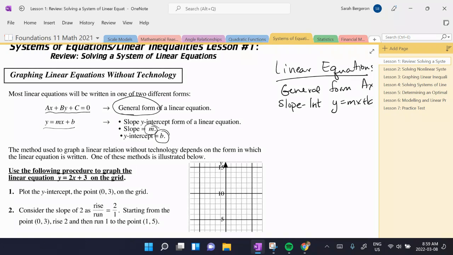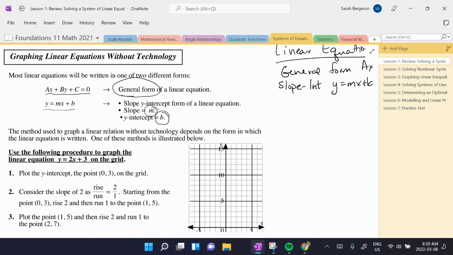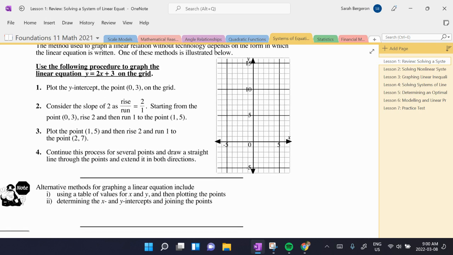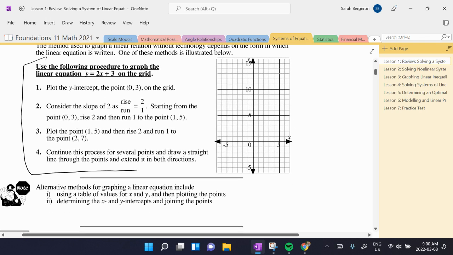Okay? You're also going to write down the two ways that you can actually graph this on graphing paper because you're going to have to do this. So you need to make sure that you have this in your notes. Okay?